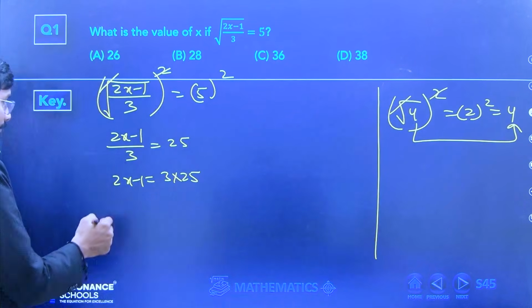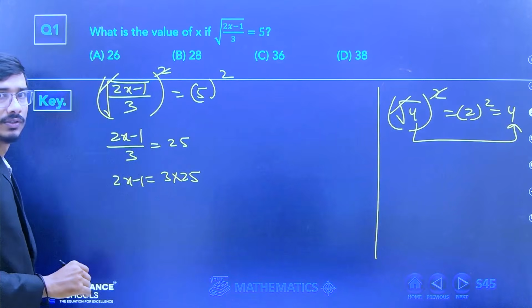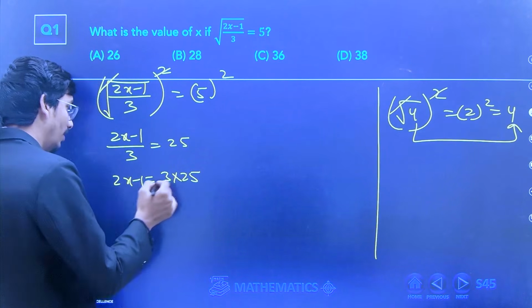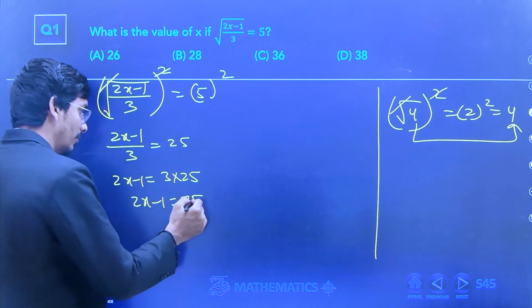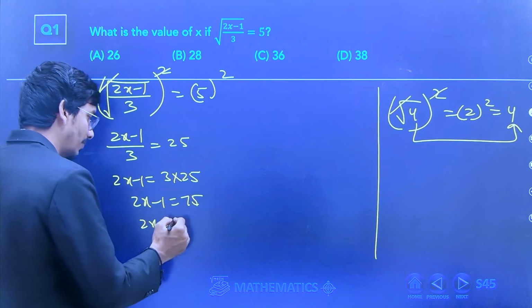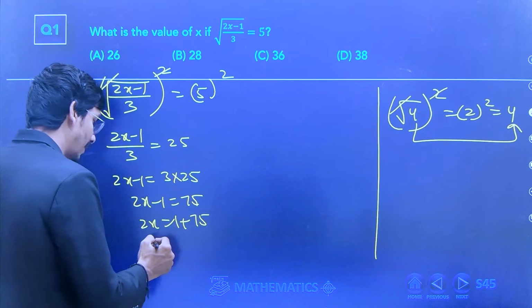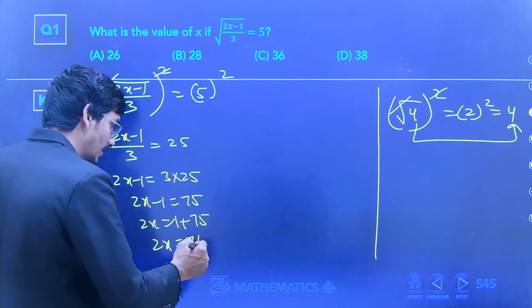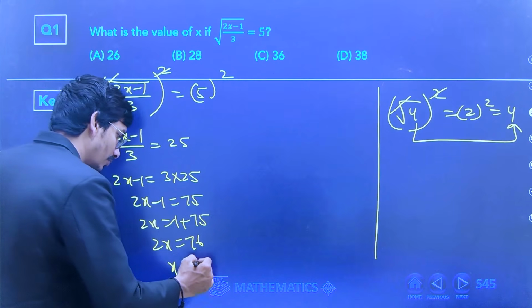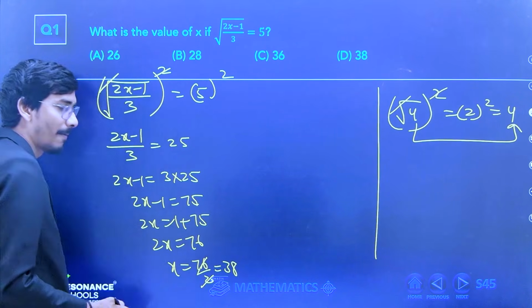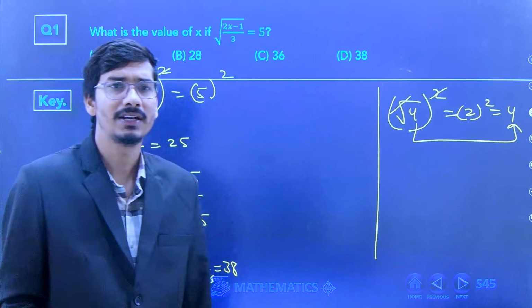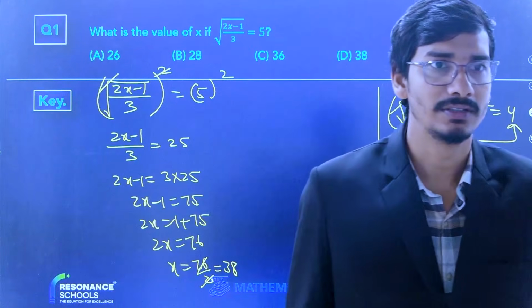In the same way, here I am doing it. Now after that, 2x minus 1 equals 75. So 2x equals 1 plus 75, so 2x equals 76. So x equals 76 by 2. So it's 38. Okay.